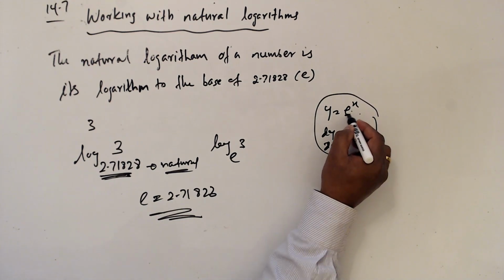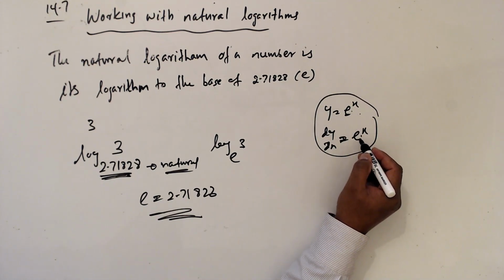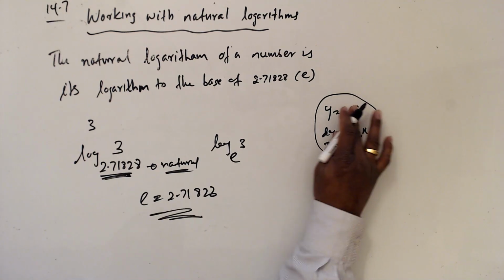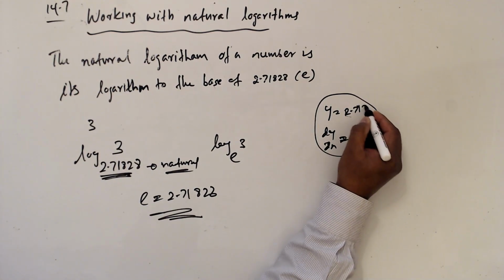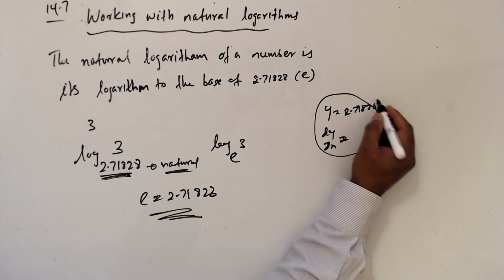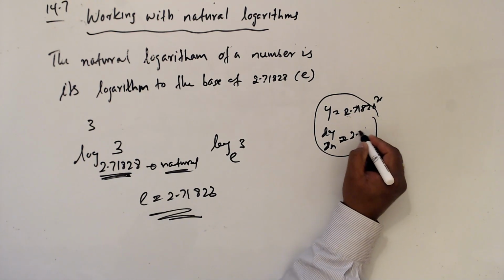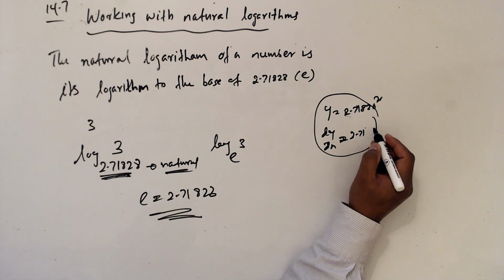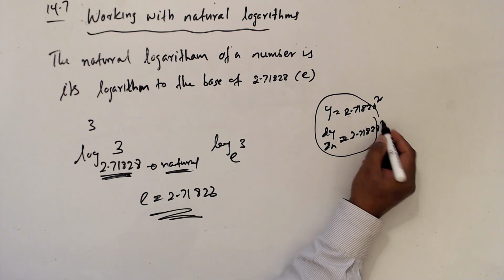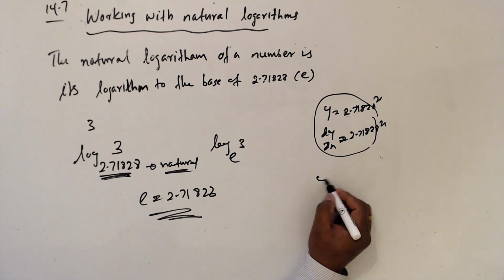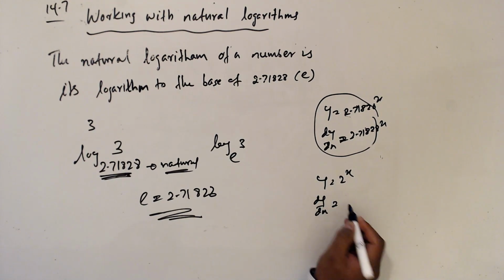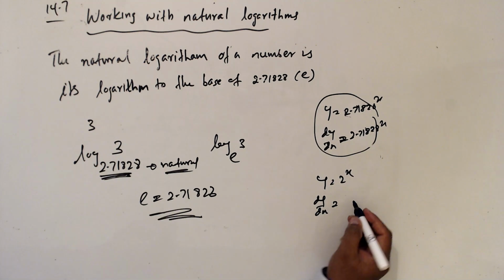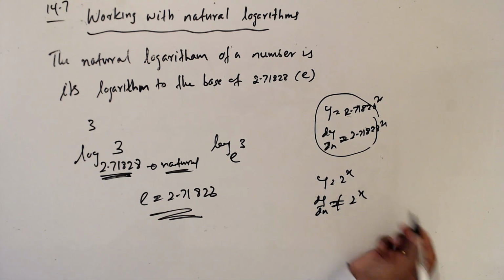That is not for all numbers, only for this number, 2.71828. If you take 2 to the x and differentiate it, it is not equal to 2 to the x.